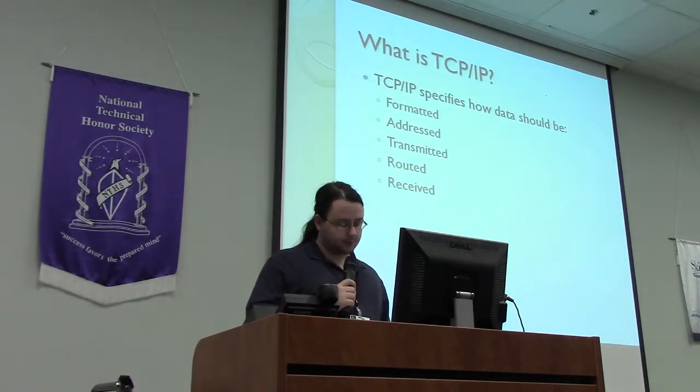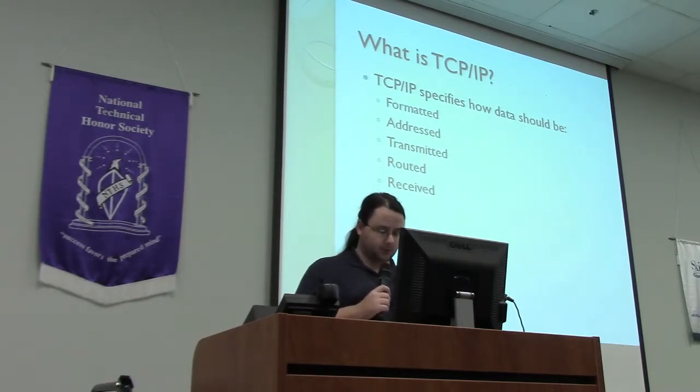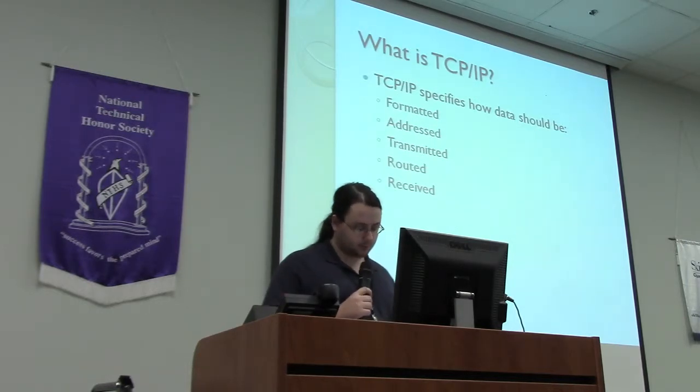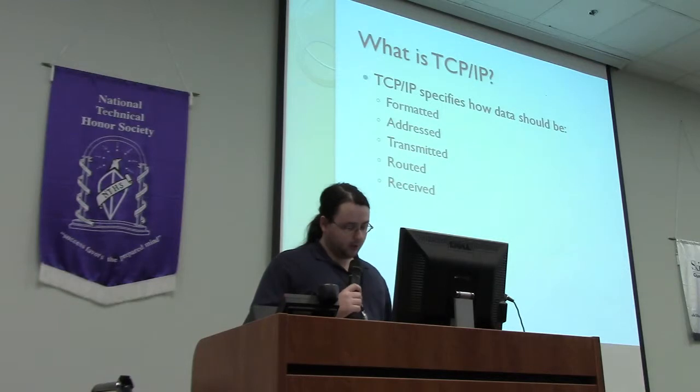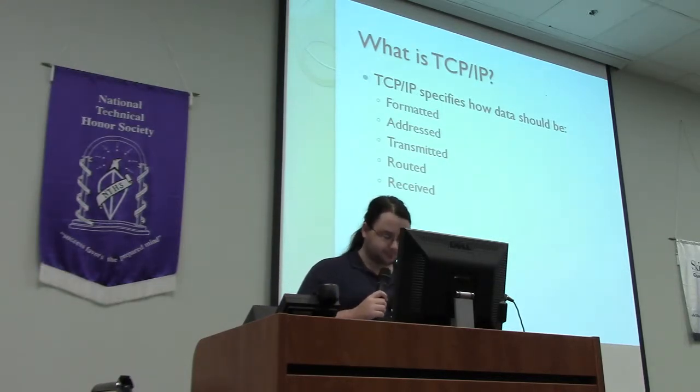From lowest to highest, the layers of the model are the link layer, which contains the communication technologies for a single network segment or link, the internet layer, which connects independent networks, establishing internetworking, the transport layer, which handles host-to-host communication, and the application layer, which provides process-to-process application data exchange.